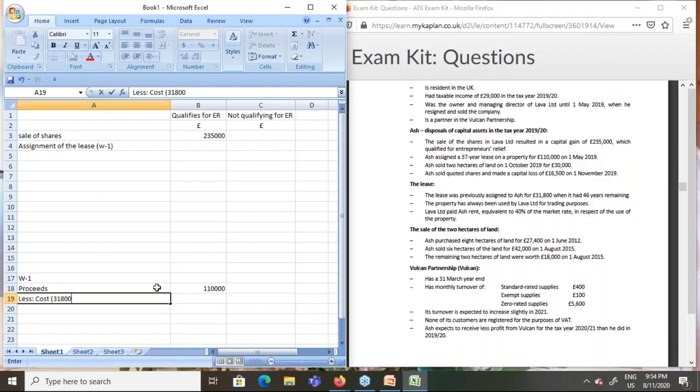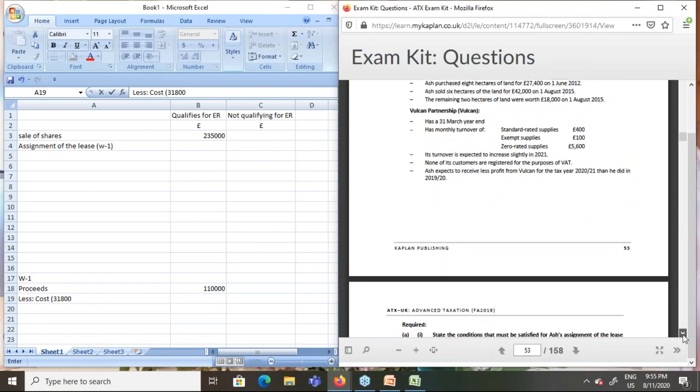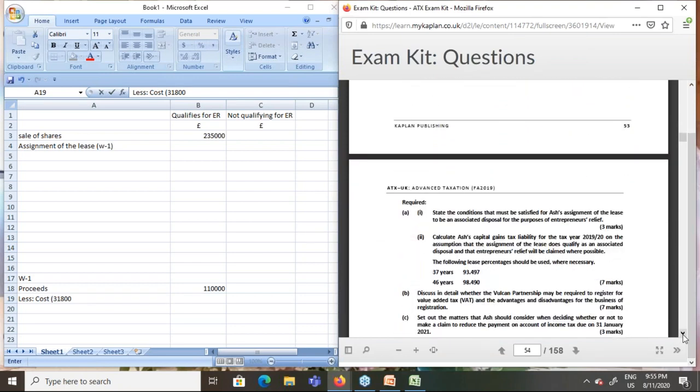So what you should do is divide 31,800 by the percentage allocated for 46 years. It's like dividing 31,800 by 46 to find out the lease amount for 1 year. But here we don't divide it by 46 years. Instead, it should be divided by the relevant percentage allocated for 46 years.